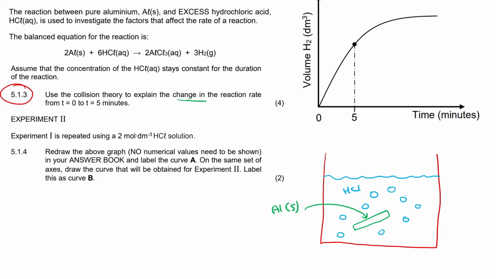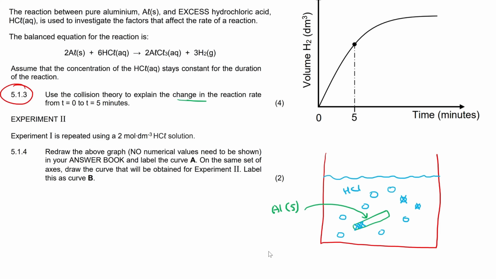Well, your amount of HCl is going to become less as the reaction continues, and your aluminium strip is slowly but surely going to start becoming smaller, and you're going to have less aluminium. And so over time, because you've got less HCl and less aluminium in the container, there's going to be less collisions taking place compared with at the very beginning of the reaction. And so your reaction rate will begin to slow down.